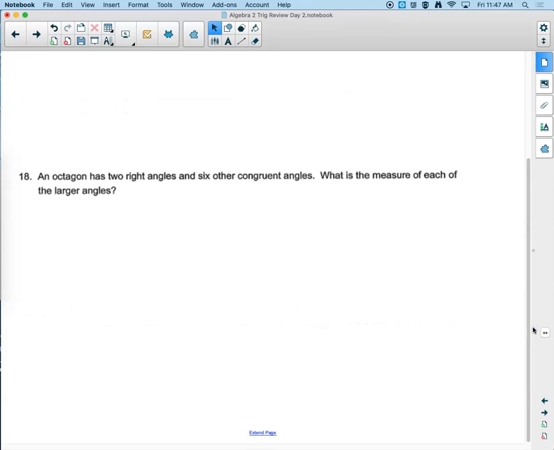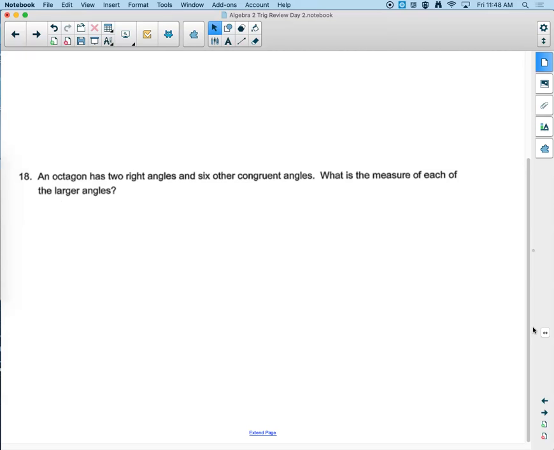In order to solve 18, you have to remember the formula to find the sum of the angles inside a polygon. Because we have to find the sum of the angles for an octagon. Anybody remember the little formula to find that? This one you used for an entire chapter in geometry. It's been too long.